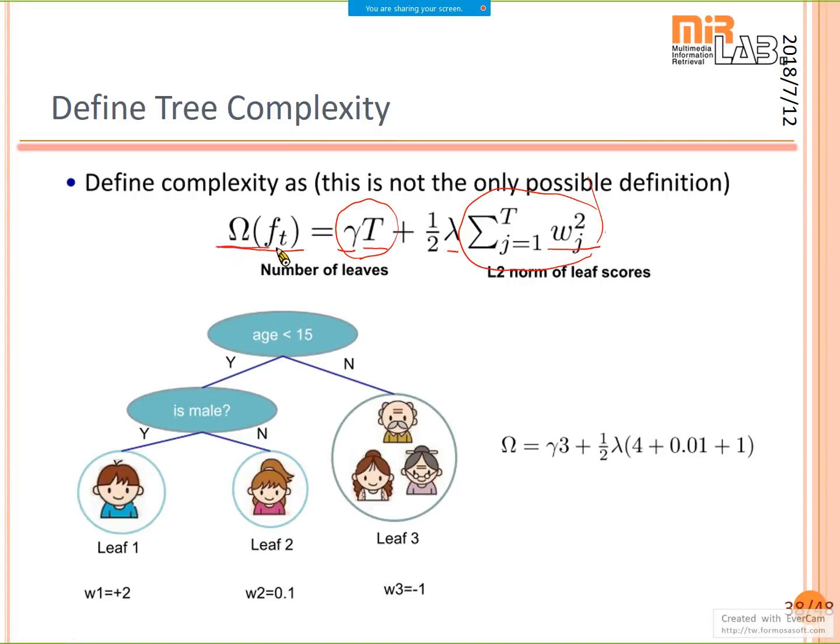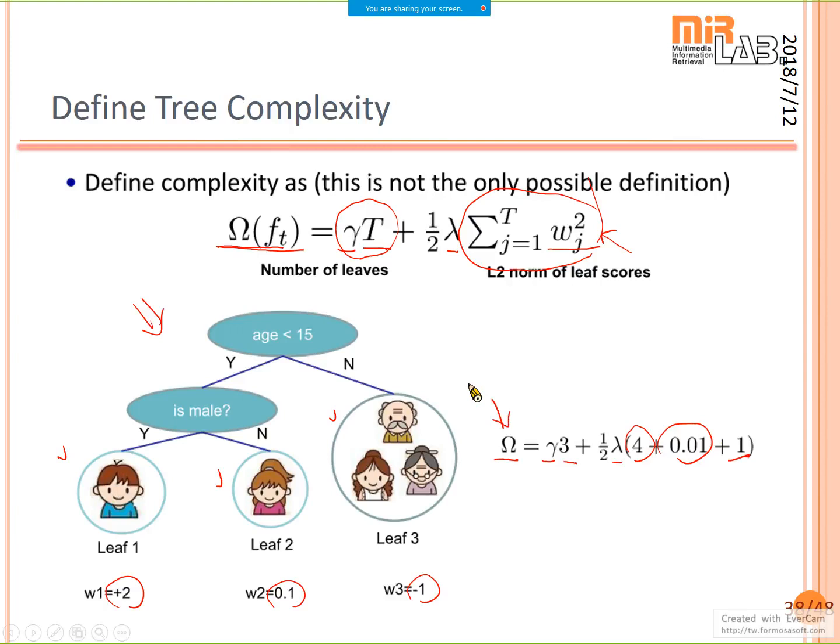If omega is small, that means the number of leaves is small and the weights have been kept small. For instance, for this tree, omega is equal to gamma times 3, because we have 1, 2, 3 leaves, plus 0.5 times lambda times (4, the square of 2, plus 0.01, the square of 0.1, plus 1, the square of -1). So this is the penalty of this tree.